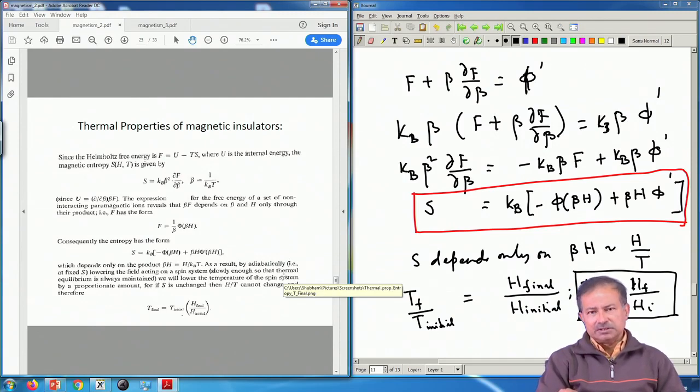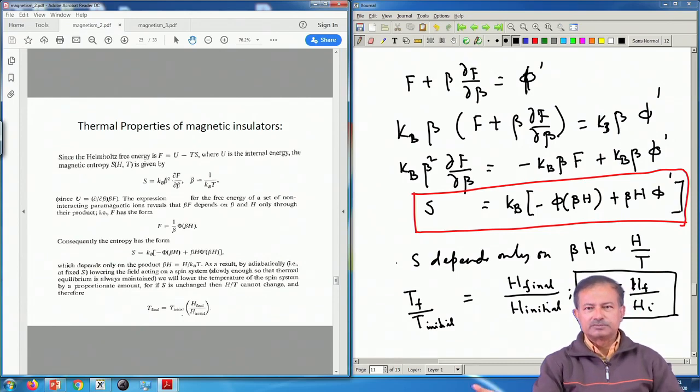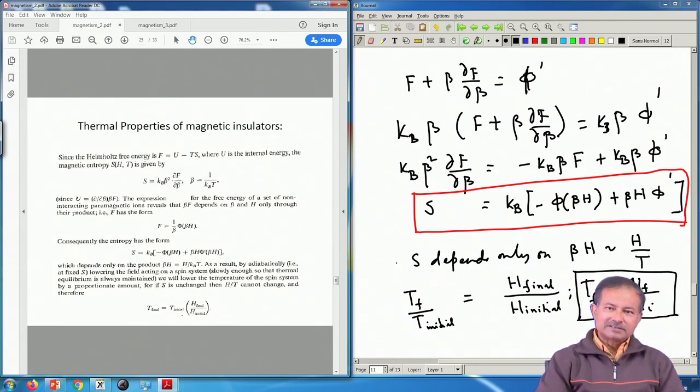These moments start talking to each other, and because thermal effect is small and other energy scales have already been very small, this interaction energy between spins, between moments of different ions, is not negligible anymore, and that will restore the physical law that S has to go to 0 at T going to 0.